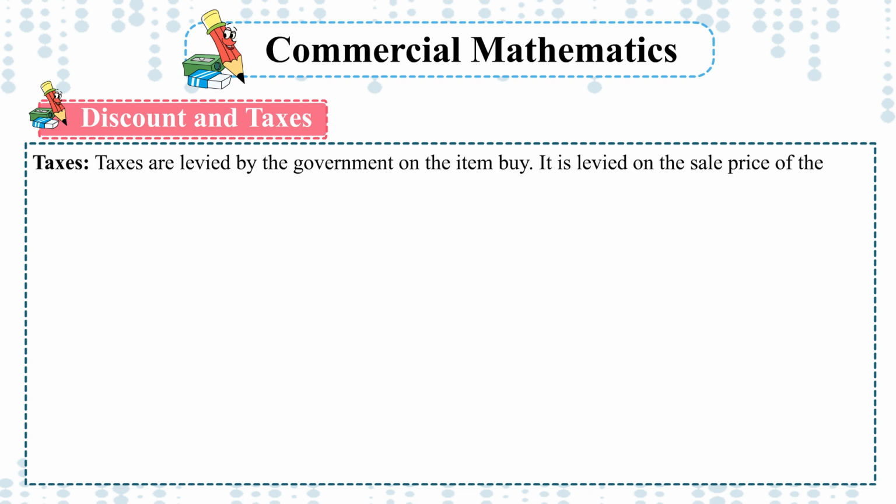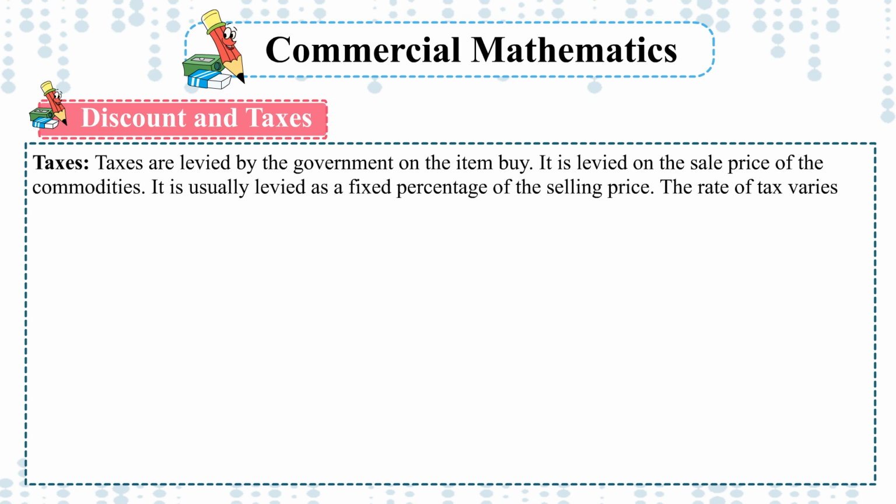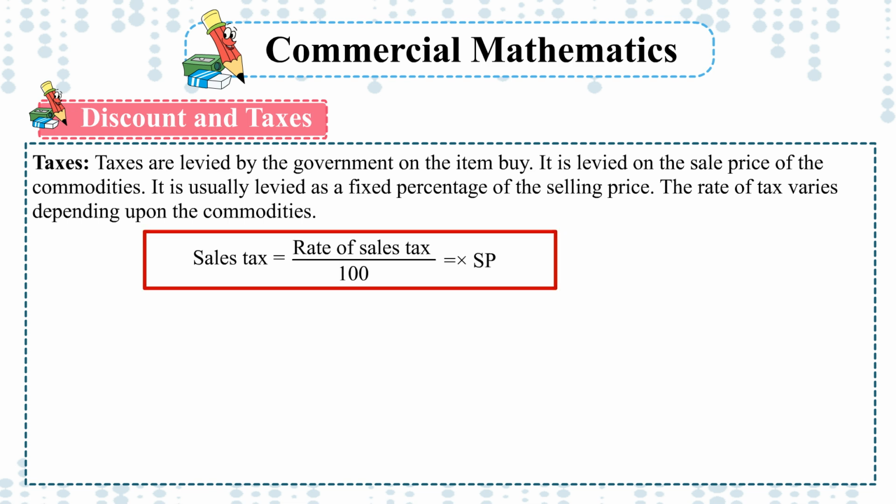Taxes. Taxes are levied by the government on the item. It is levied on the sale price of the commodities. It is usually levied as a fixed percentage of the selling price. The rate of tax varies depending upon the commodities. Sales tax is equal to rate of sales tax upon 100 multiply SP.